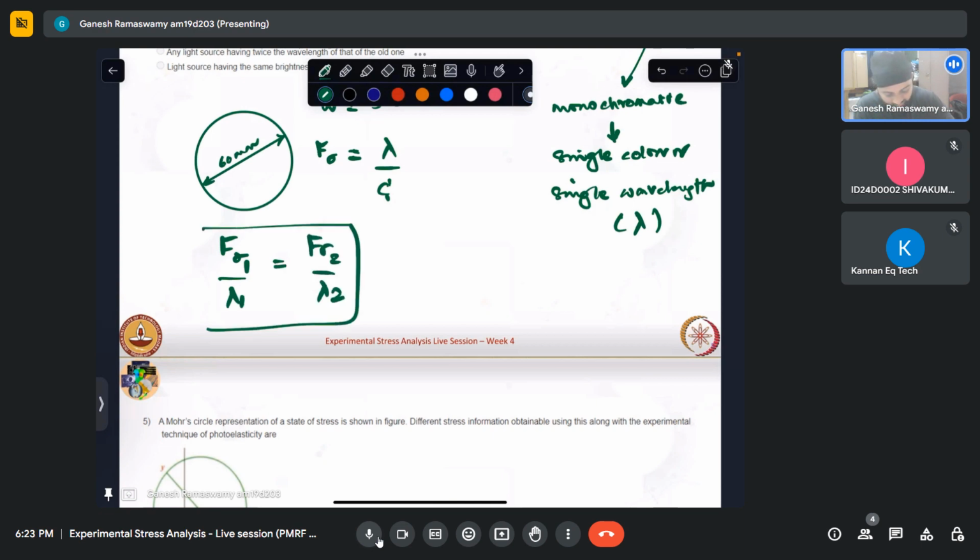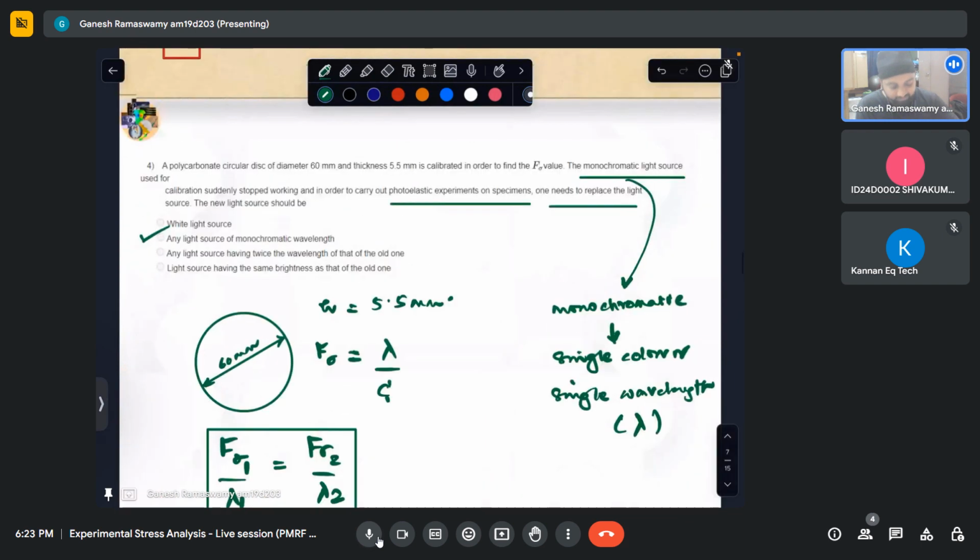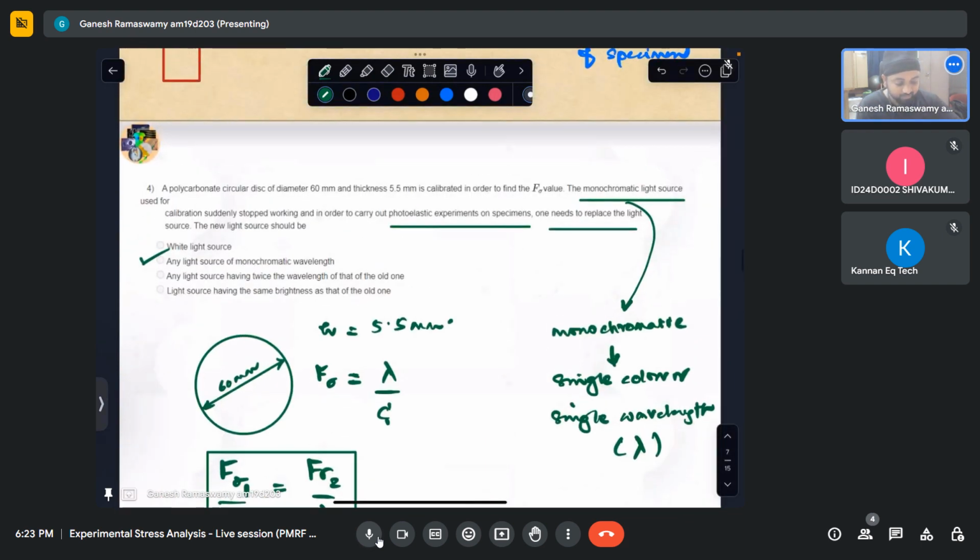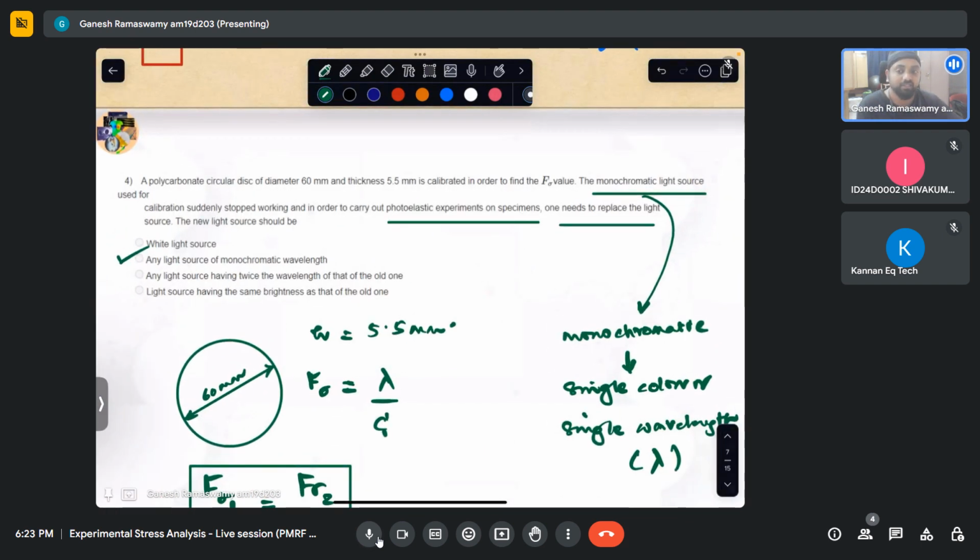So with this, at least we can shift it. The best option would be to use the same monochromatic light source that was available. If that is not the case, then we can use another light source which has the monochromatic wavelength, and then we can relate the two. So that is the idea behind this question.